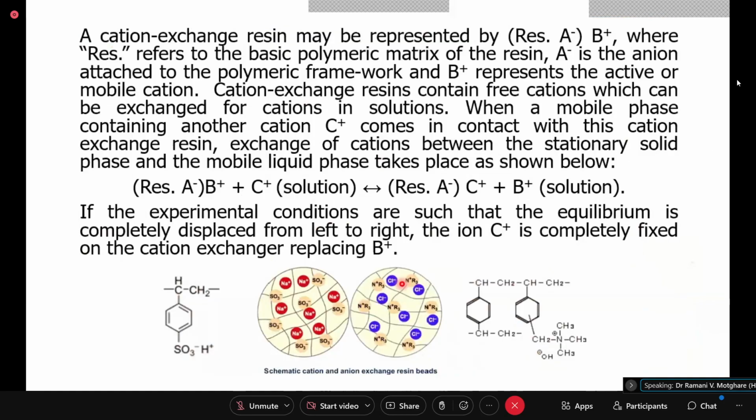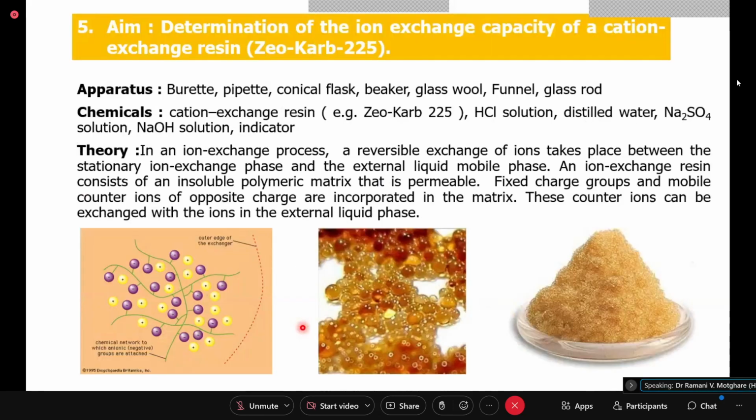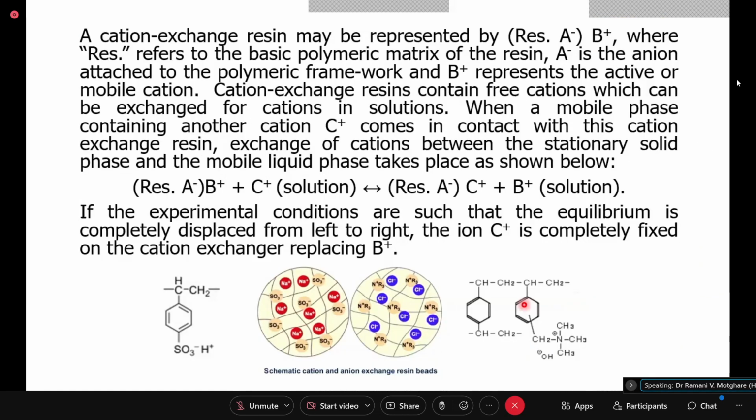So, what I was telling you, the capacity of the cation exchange resin will depend on how many fixed charge groups are present per gram. Why per gram? Because that is the unit which you can weigh. One particle may be larger, one particle may be smaller, and they are fine particles, so we measure the ion exchange capacity per gram.